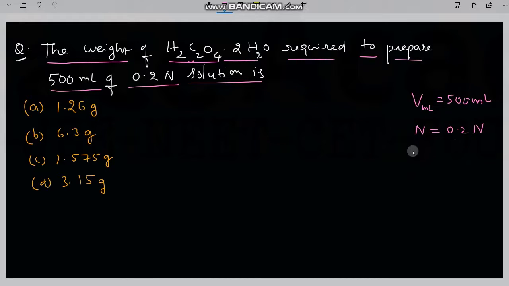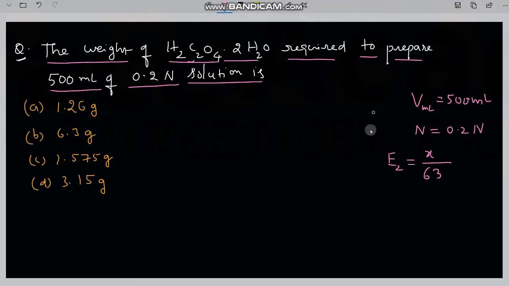And oxalic acid is there. For that oxalic acid, the number of gram equivalent weights is equal to the weight of oxalic acid, which we don't know, that is X, by the gram equivalent weight of oxalic acid, which is 63. So we will substitute this value in the normality formula to get X, which is nothing but the weight of oxalic acid.